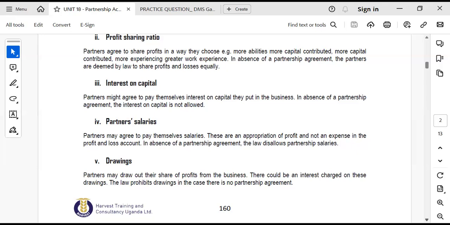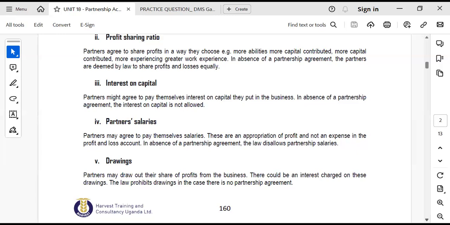But when we're accounting for a partnership, we will determine the profit of the partnership. After that, we'll appropriate that profit. We'll give that money to its owners. And so sometimes the owners of the business may say, hey, you know what? Let's also be paying ourselves salaries.